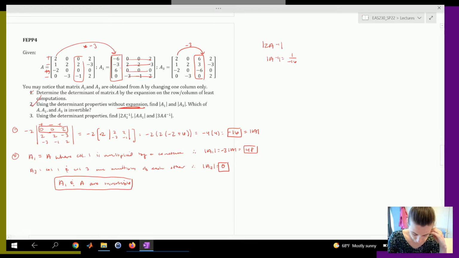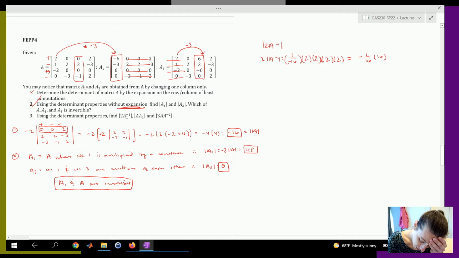So whatever A inverse looks like, it's going to be a 4 by 4. I'm multiplying this row by 2. So that means if I multiply one row by 2, I have to multiply the determinant by 2. If I multiply the second row by 2, I'm also multiplying it by 2. If I multiply this row by 2, another one, this one, another one. So my answer here is going to be 1 over 16 times 16, or negative 1.